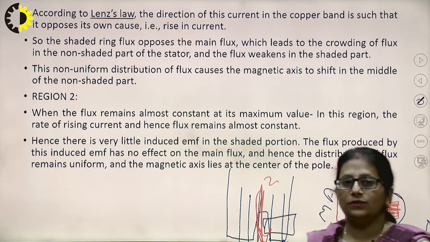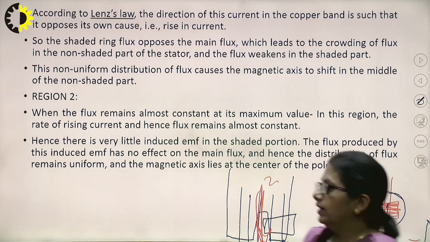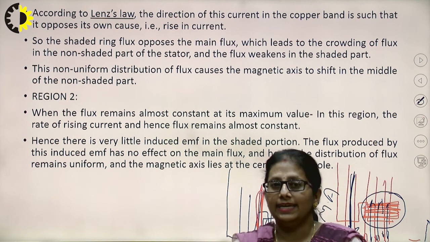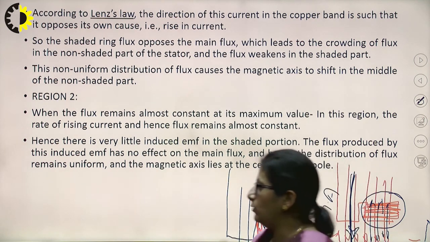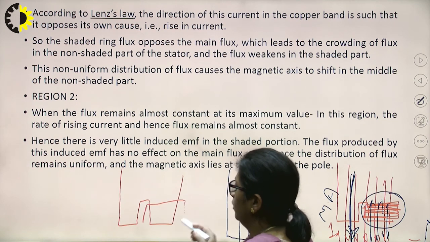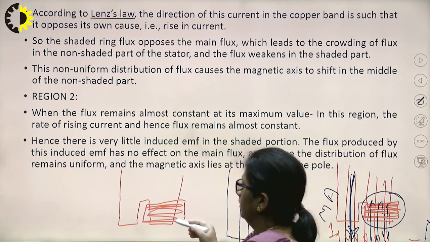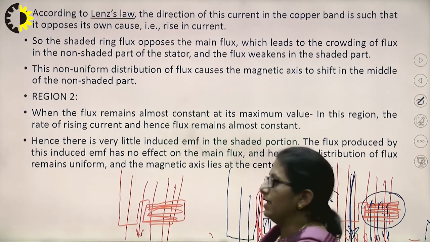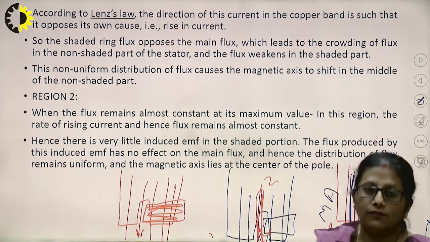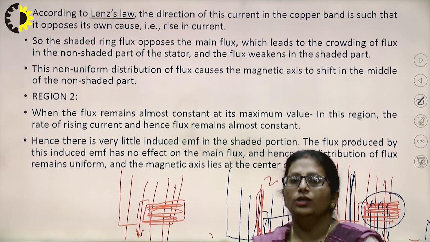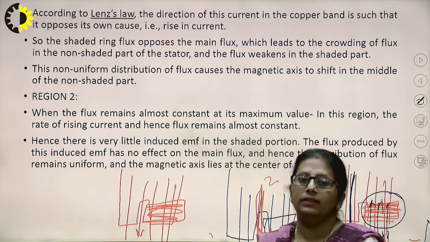Now at region 3, once again there is a rate of change of flux, but because of the decrease in the current, what is going to happen? In the third case, this is once again a copper band, with the normal distribution of the flux, right? Now this time the EMF induced, or the flux produced by the copper band, would be acting in such a direction to reduce the fall in the flux.